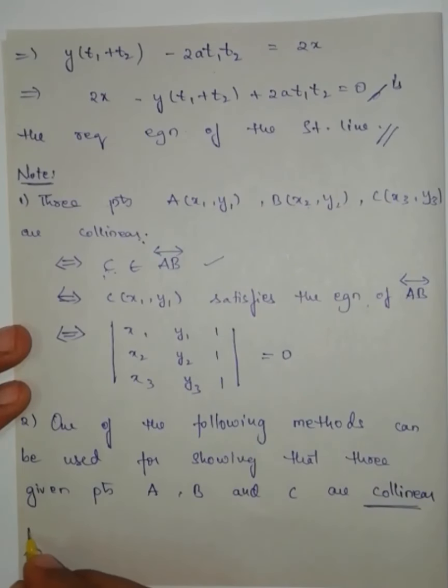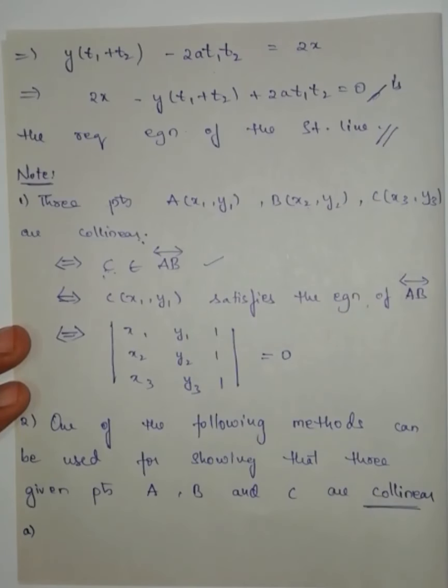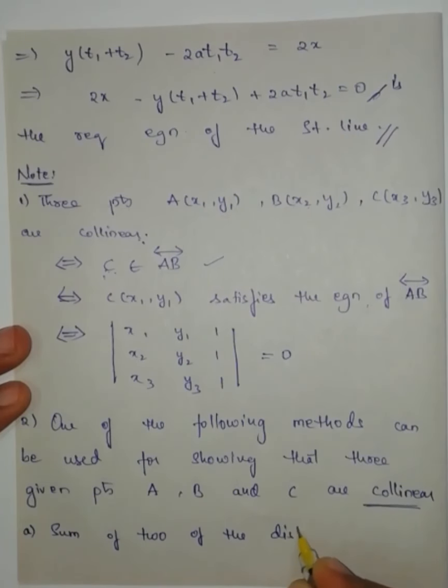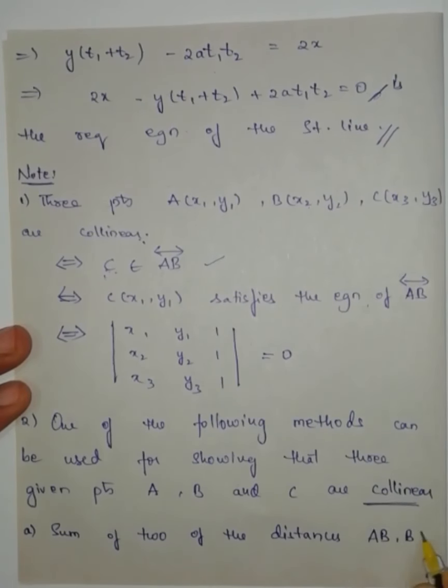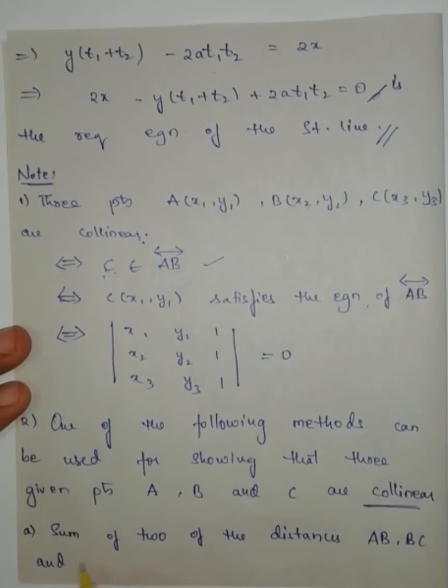First one, in this first one, A. I have already discussed this earlier, before the starting of the first unit, in the introduction part. Sum of two of the distances AB, BC and CA is equal to the third one.